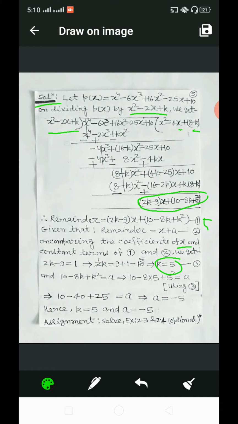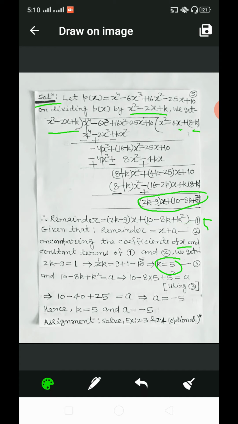And the constant term is 10 minus 8k plus k square, and this is equal to the constant term a.